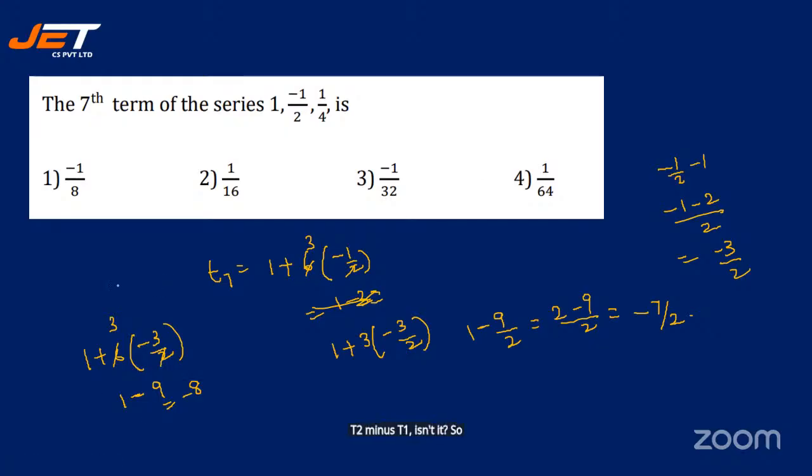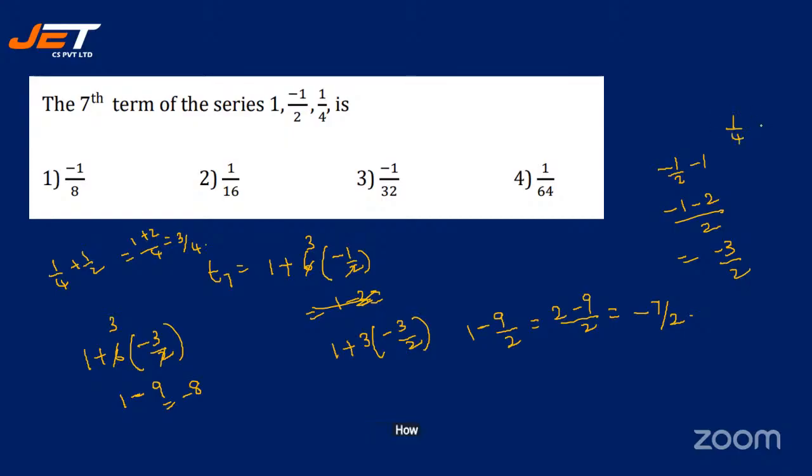So first we need to check whether it is AP. So plus 1 by 2, which is 1 plus 2, 3 by 4. So this doesn't form an AP. That is the problem.